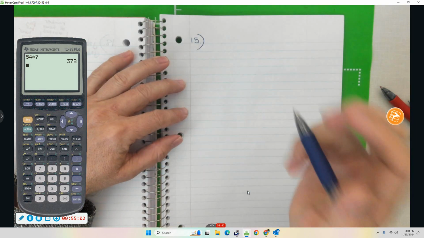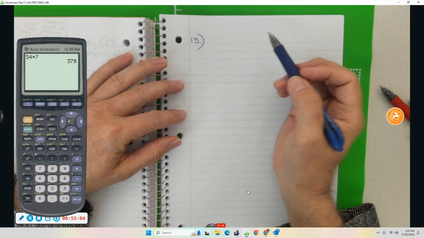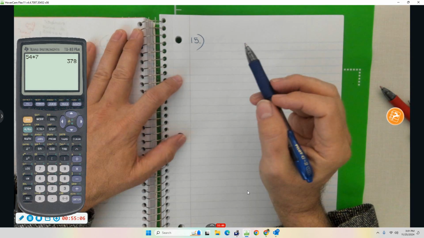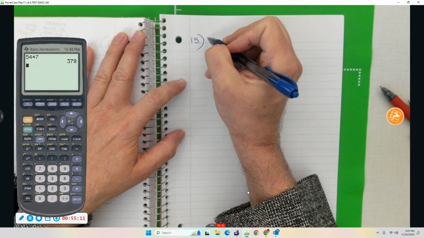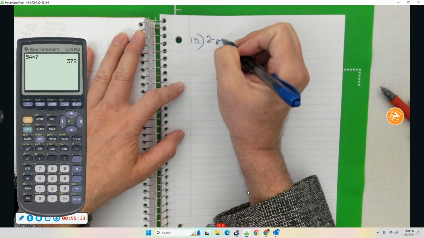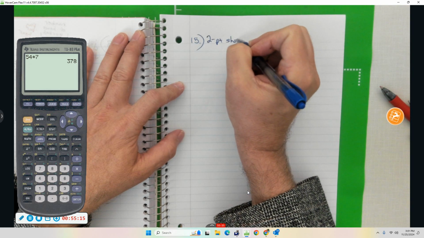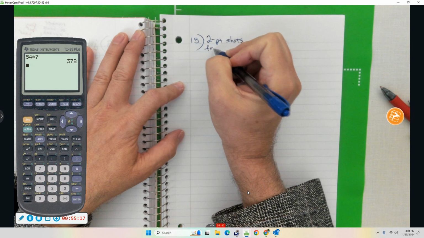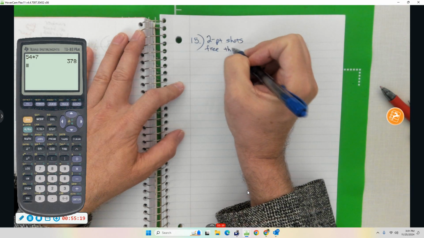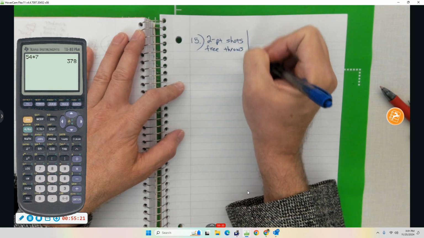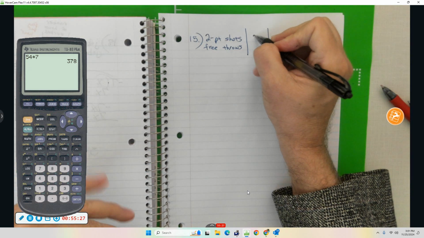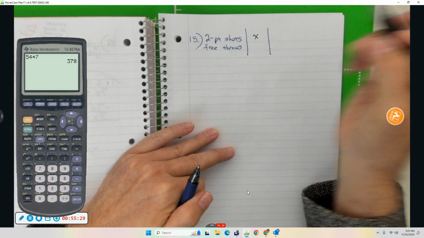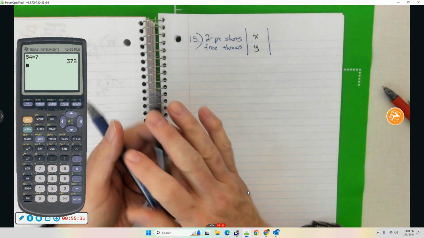So we want to know how many 2-point shots did she make, how many free throws did she make. Those are the unknowns. So I'll say 2-point shots and free throws. We don't know how many of those shots she made, so we'll say she made X 2-point shots and Y free throws.